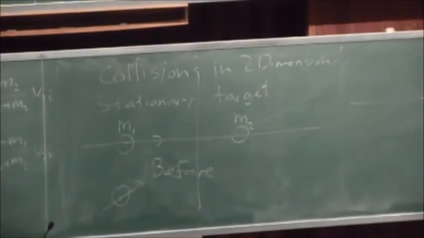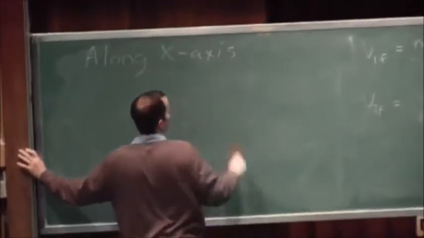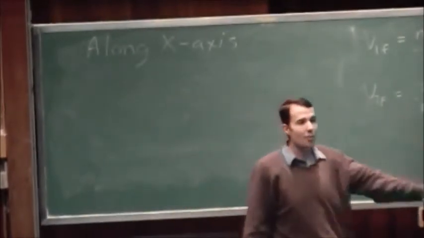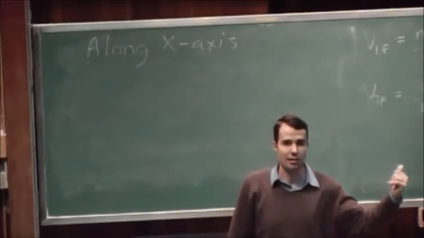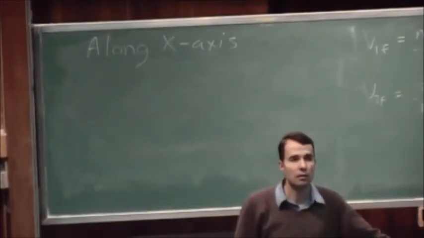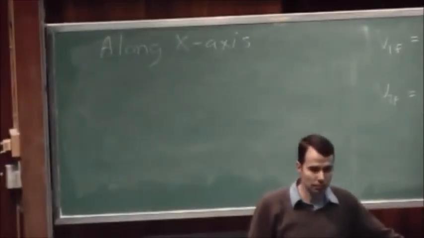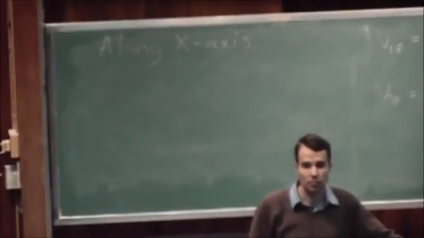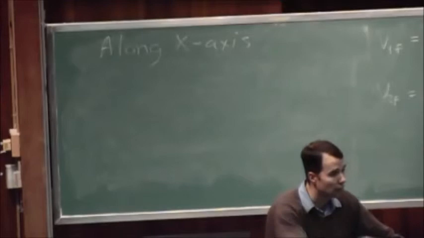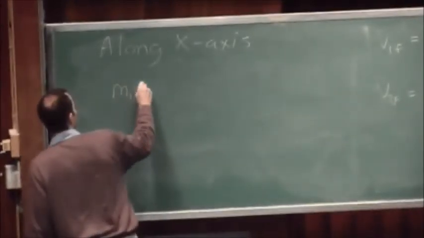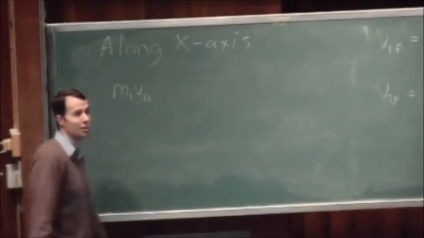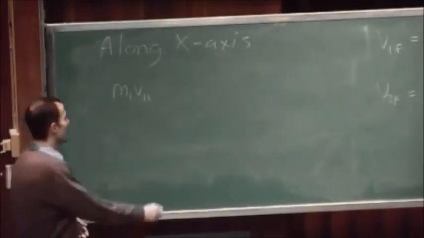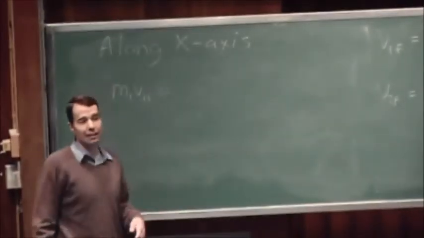So what we say is along the x-axis, what do we have? What was my initial momentum along the x-axis? M1 V1 initial, right? That's my initial momentum along that x-axis. What is my final momentum along the x-axis?